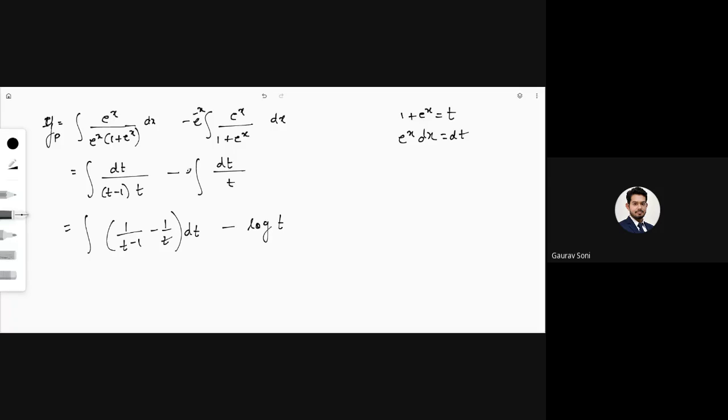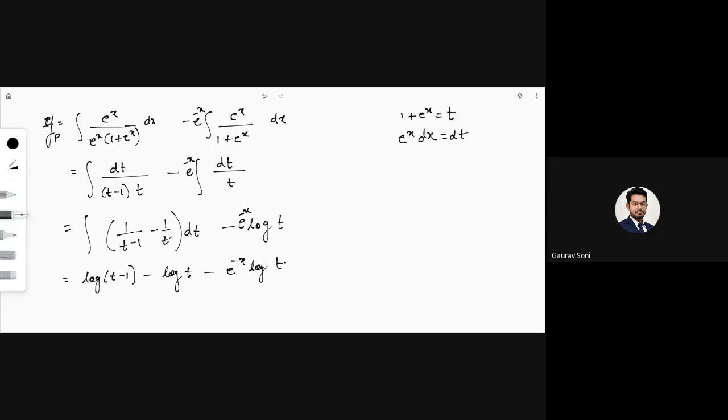I forgot to write it down. Clear up to this? Then you take the two integrations: 1 upon t minus 1 is again log of t minus 1, minus integration of 1 upon t, log t, minus e to the power minus x log t.